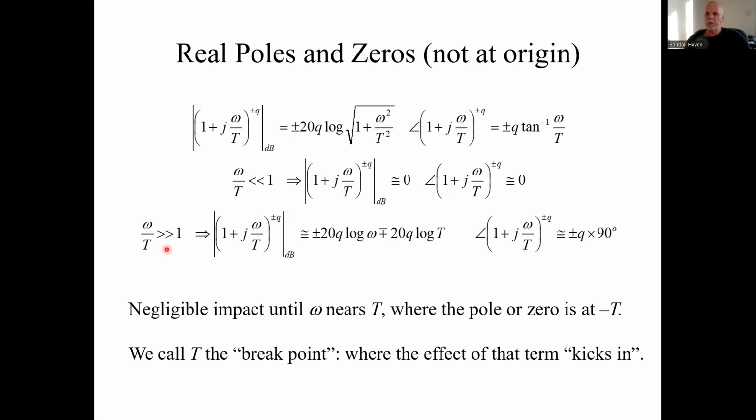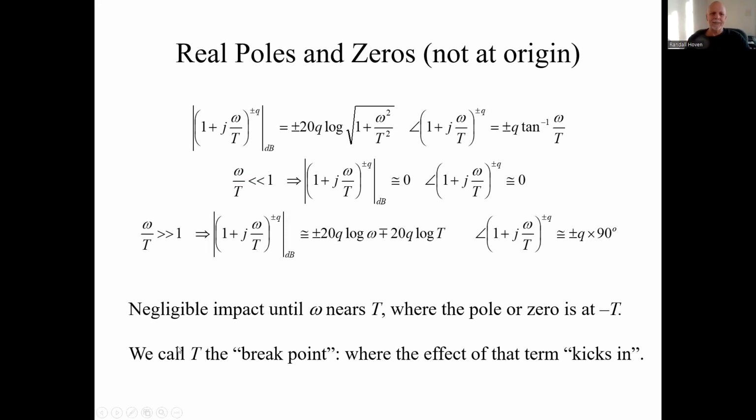And then once omega gets big enough, they add or subtract 20 dB per decade in gain, for each power of this thing. So if this Q is 2, if that's a squared term, this would be 40 dB per decade. And the angle adds another multiple of 90 degrees.